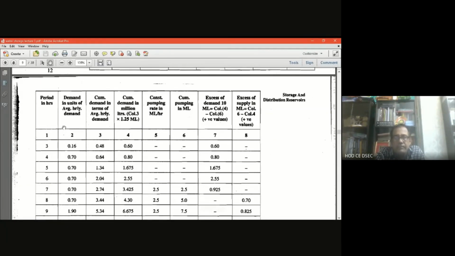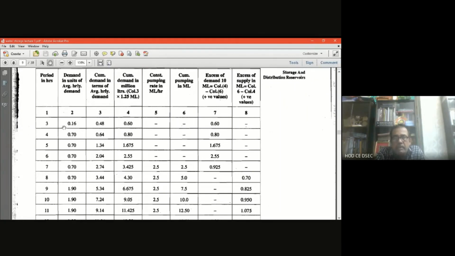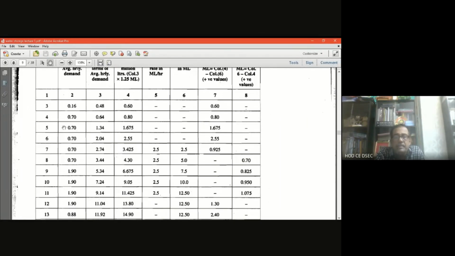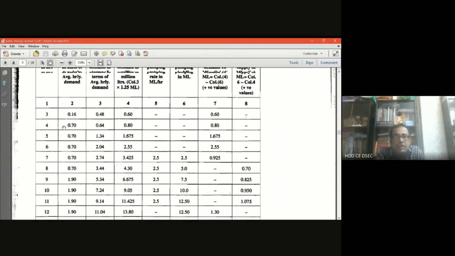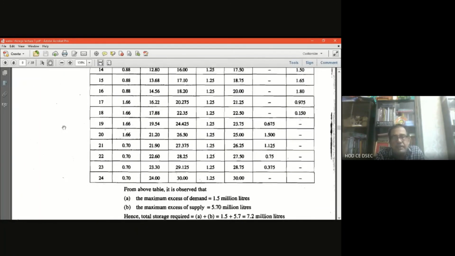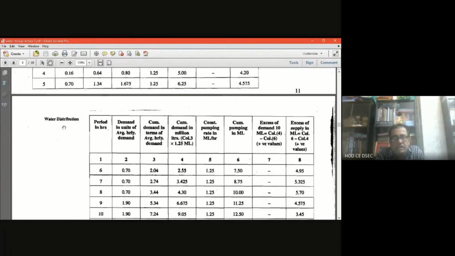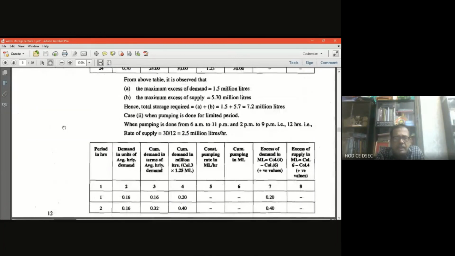We'll close the lecture today, but there will be other problems on storage reservoir capacity discussed in the next lecture. This is the 22nd lecture I am delivering. In the 23rd lecture, the numerical sums of determining the storage capacity of the tank will be discussed in detail.